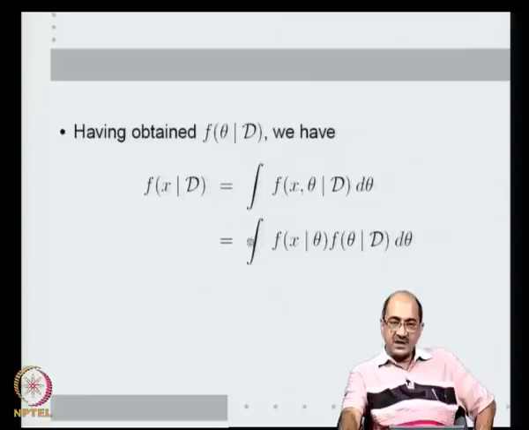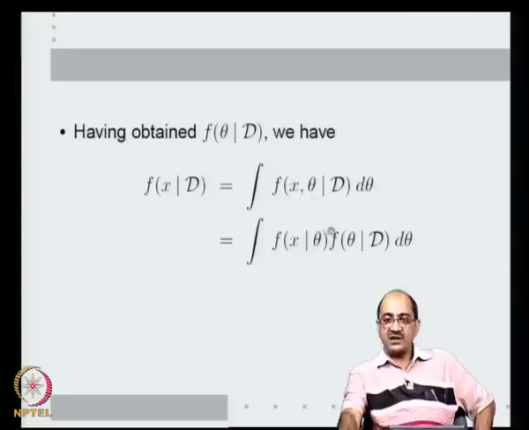Now, I can write the joint density as the product of conditionals: f(x | theta, D) into f(theta | D). And f(x | theta, D) is the same as f(x | theta), because once theta is given, the data is not needed to find the density of x. The only thing unknown in the density of x is theta. So, this integral becomes the integral of f(x | theta) into f(theta | D) d theta.